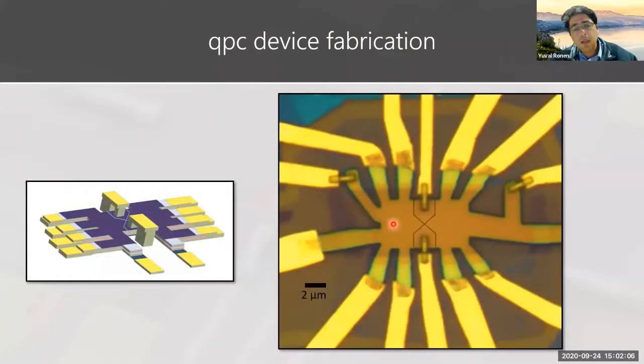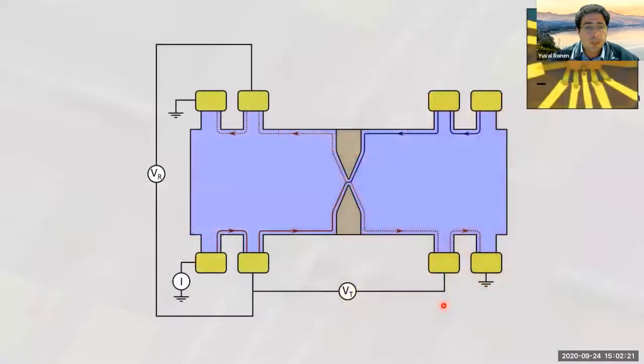Okay, so this is the QPC device. Here you can see this is the top gate. It's divided into 4 regions, and each of them is contacted by these air bridges. And these are the normal contacts, okay? So this is a measurement scheme of the QPC.